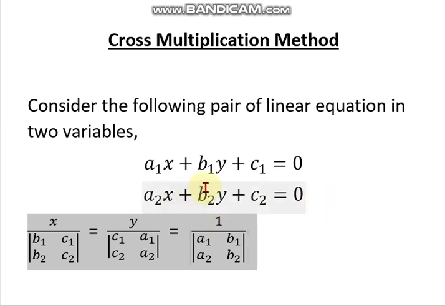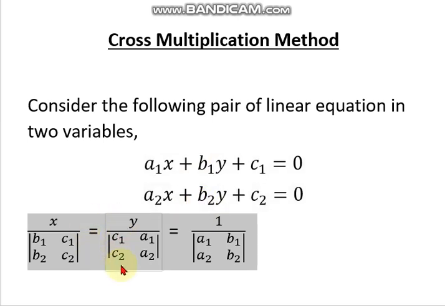Now in the cross multiplication method the main step is this one. You have to write x upon, and here we will not write the coefficient of x. Here we can see that a1 and a2 are the coefficients of x, so we will not write them. So x upon, in this type of bracket we will write b1 c1, b2 c2. Similarly y upon, now see, here we will not write the coefficient of y.